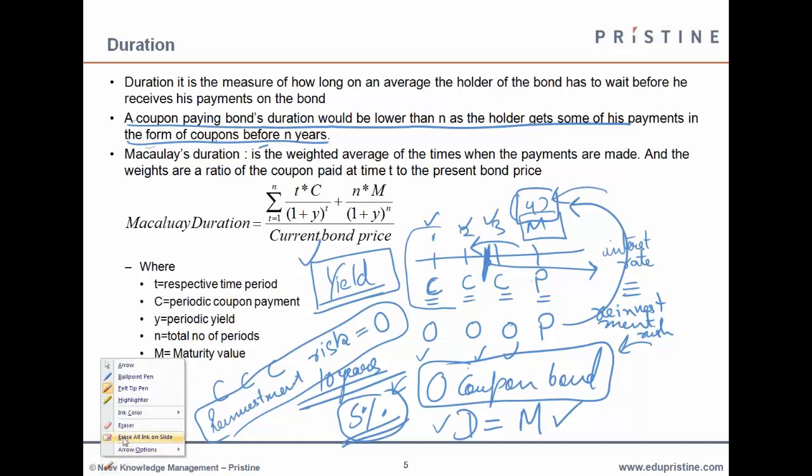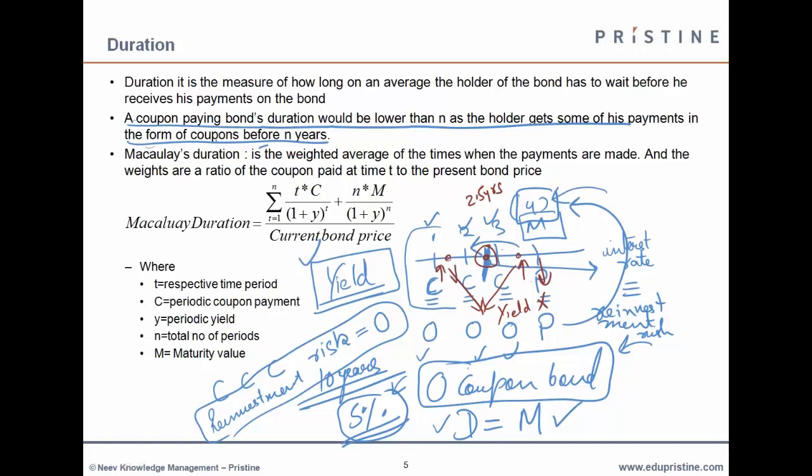So let's say this is my duration point, 2 years. If I hold the bond till 3.5 years, or if I hold the bond till 1.5 years, in both cases my yield is not guaranteed. So my yield could be higher or lower, depending on the interest rates in the market.